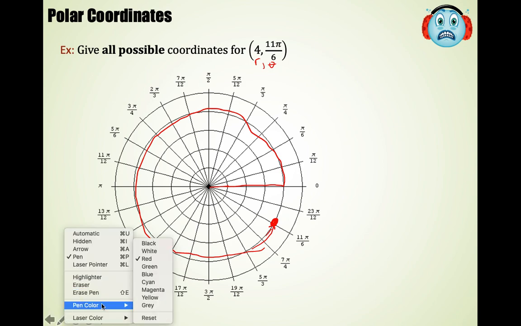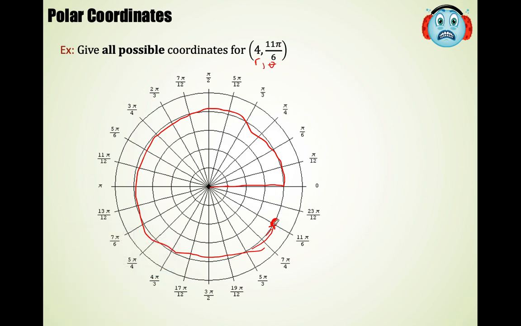But notice that point, couldn't I land here and then just add what? Add how much? 2 pi and land at the same place. What else could I add? Right? 4 pi and 5 pi.